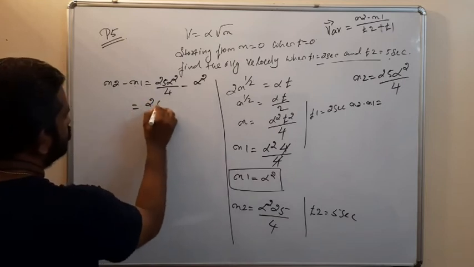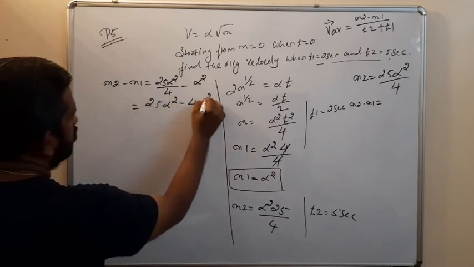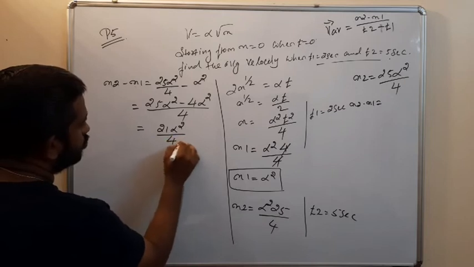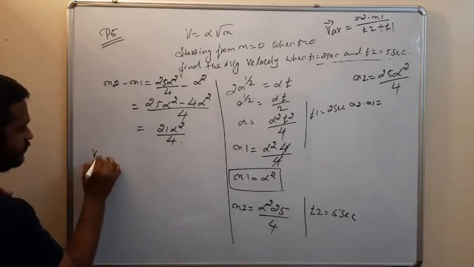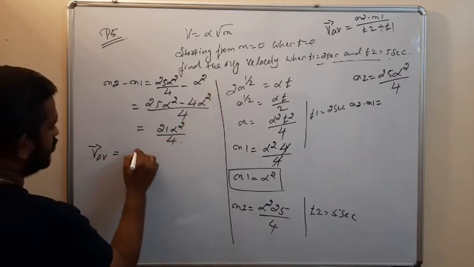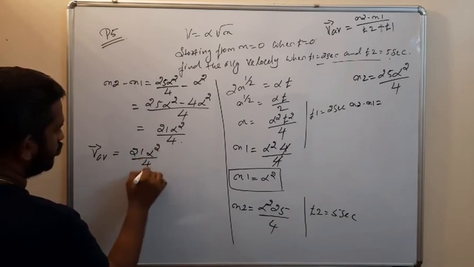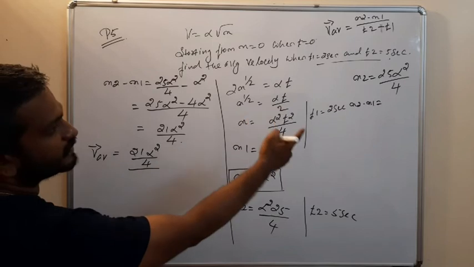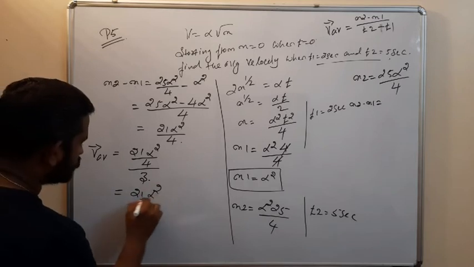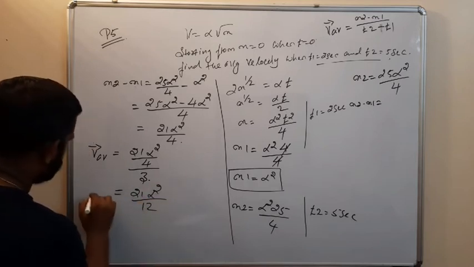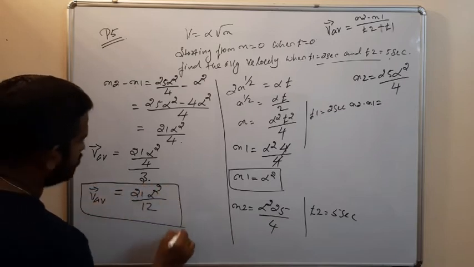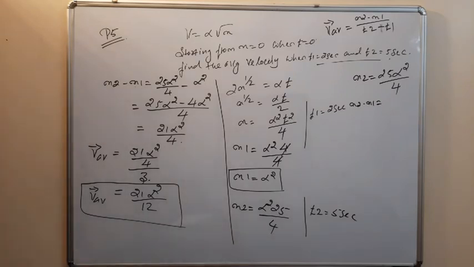So that's equal to 25 alpha square minus 4 alpha square by 4. So that is 21 alpha square by 4. So average velocity V_av is equal to x2 minus x1, that is 21 alpha square by 4, divided by t2 minus t1, that is 5 minus 2, that is 3. So 21 alpha square by 4, 3s are 12. So that is the average velocity. Clear?